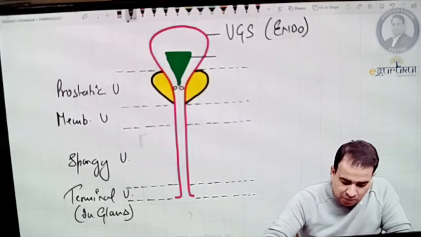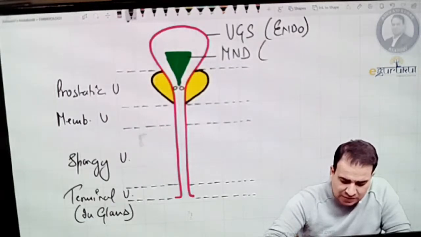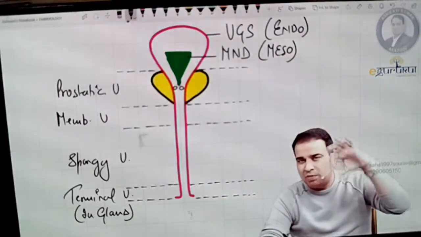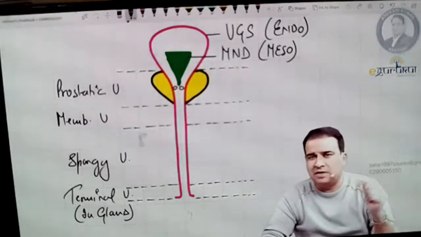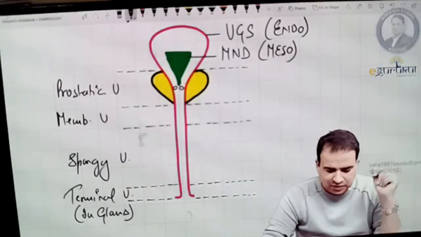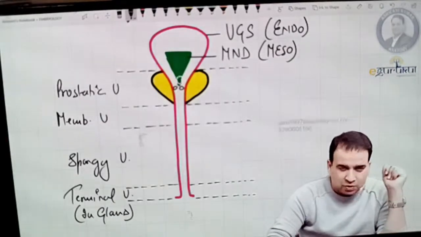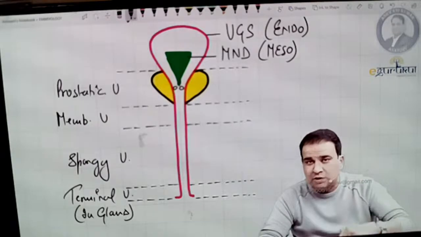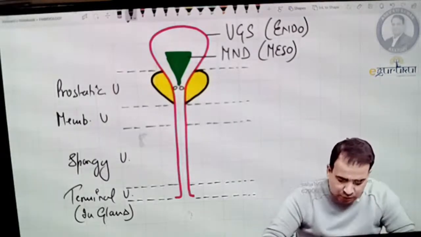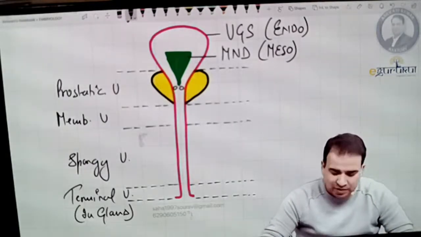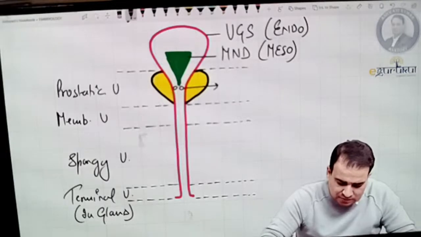This is all about the absorption of what duct? Mesonephric duct, which obviously is mesodermal.